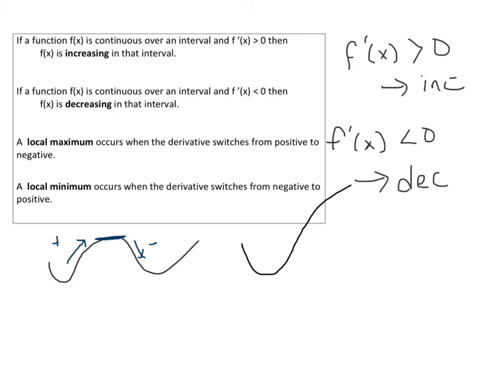Now notice that it's going down, again decreasing. And then it switches and goes up, and now it's positive. So it's pretty easy to see that we have a local minimum somewhere at this point there.